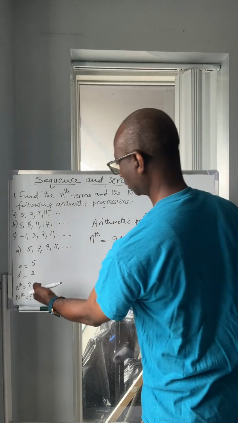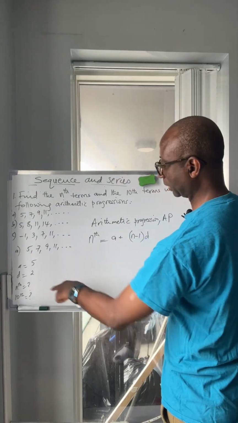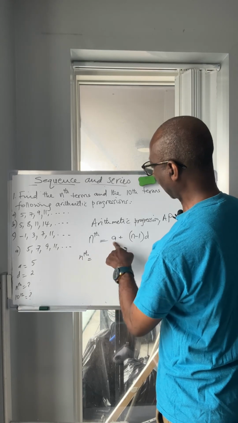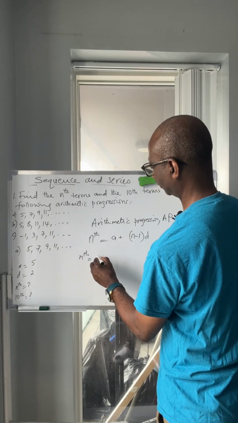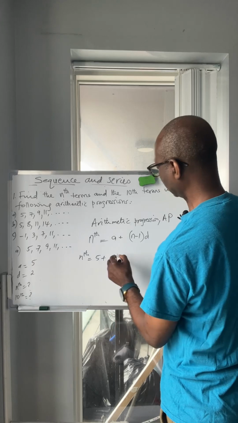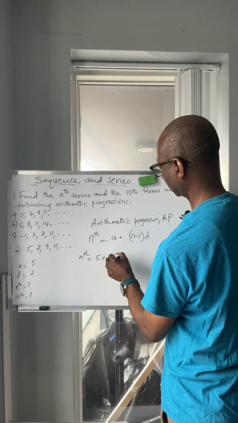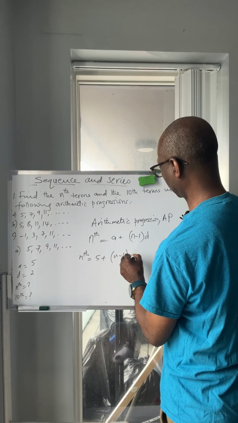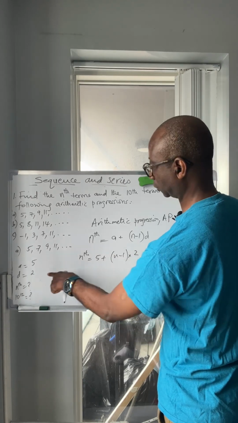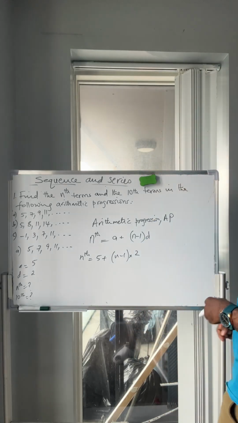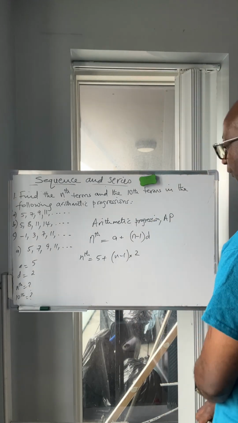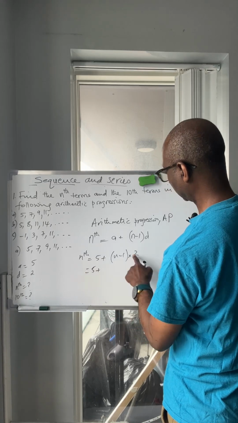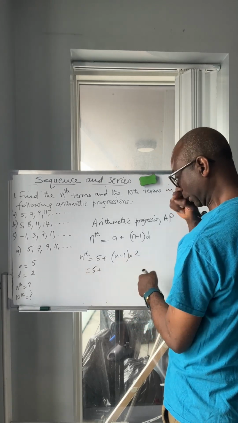So here we are asked to find the nth term. We know A is 5, plus n minus 1 times the difference, D is 2. So we have 5 plus 2 times n minus 1, and we distribute.